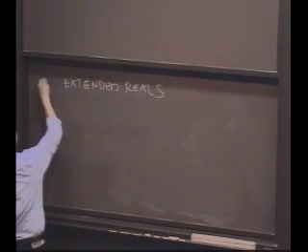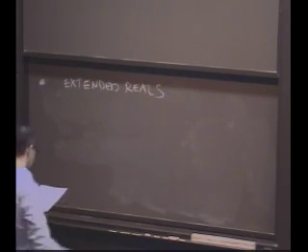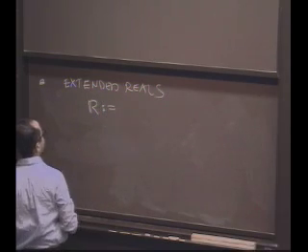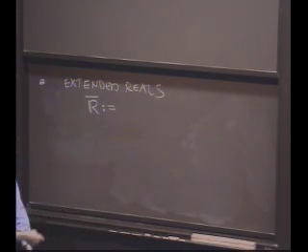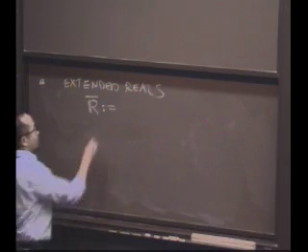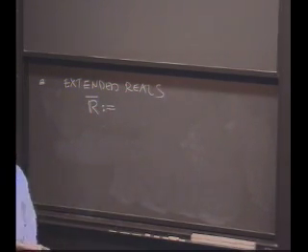So the first thing I want to mention is something called the extended reals. And this is more a convenience than anything. I'll define the extended reals, and sometimes it's signified with R with a bar over the top. Remember this colon equals, I'm going to use to mean a definition.